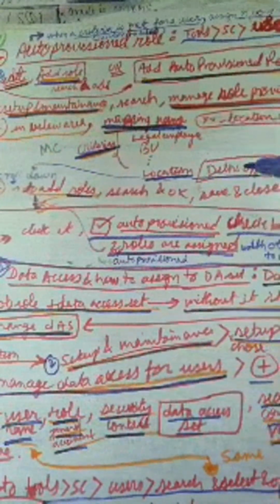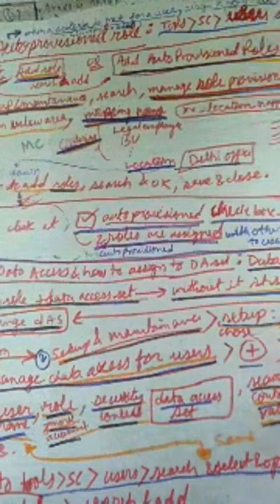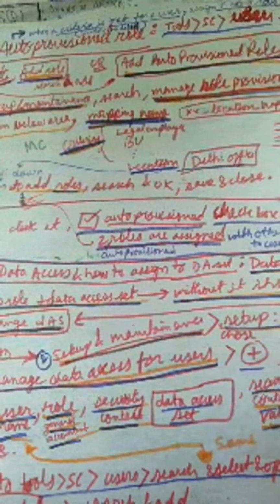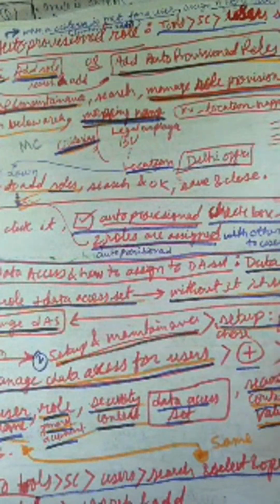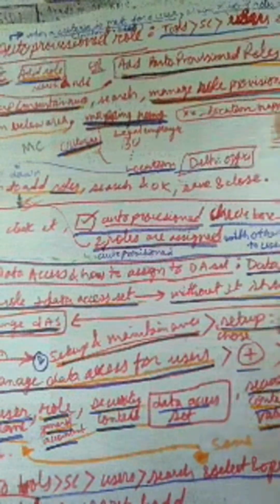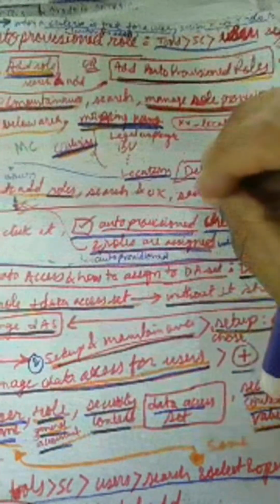Here I am taking location as the example. If the user is from Delhi, then there should be 2 or 3 auto provision roles automatically assigned to that user.